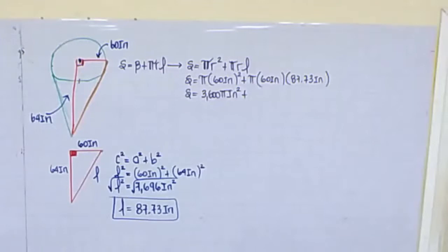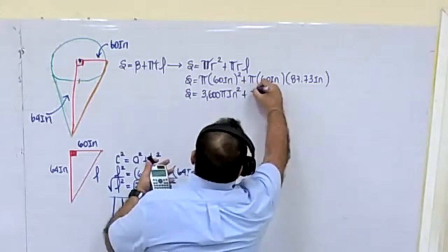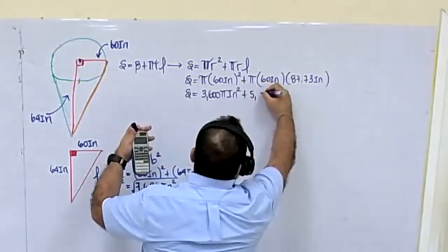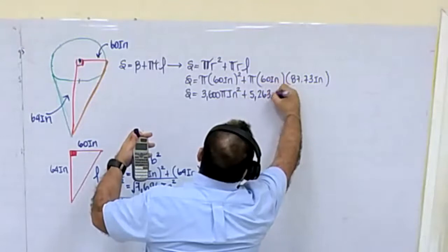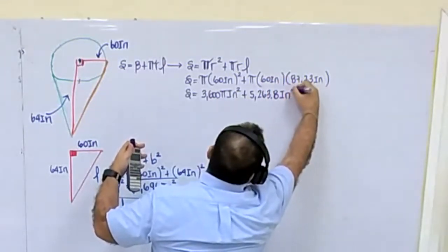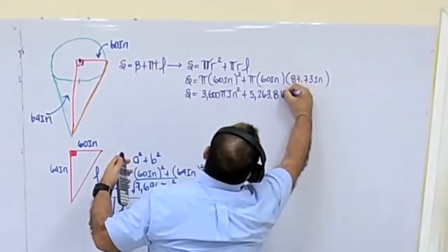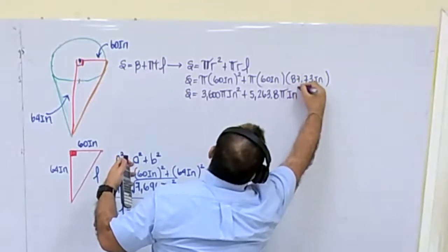Meanwhile, treat the pi value like a variable. And for the other one, 60 times 87.73, so the second value will be 5,263.8 pi square inches.